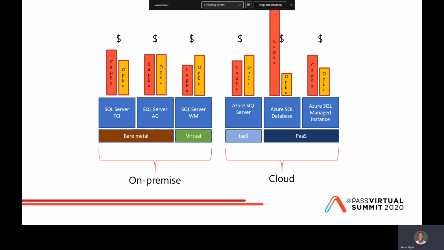That is OPEX. And that is why it's so important, again, to understand these two concepts, and also how they manifest themselves depending on which platform we choose. And you can see also in this graph that it's highly dependent, again, on which type of platform we talk about.